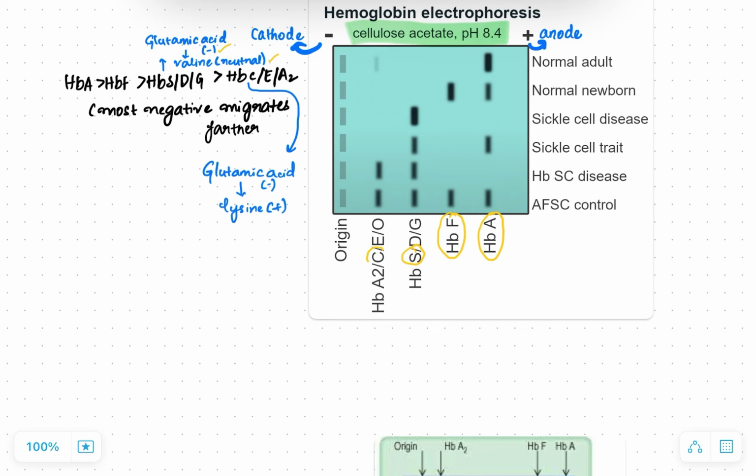In sickle cell trait we will see HbS along with HbA. In HbSC disease, both HbS and HbC are present. The AFSC control means all are present, so it is a control panel. So this is the hemoglobin electrophoresis.